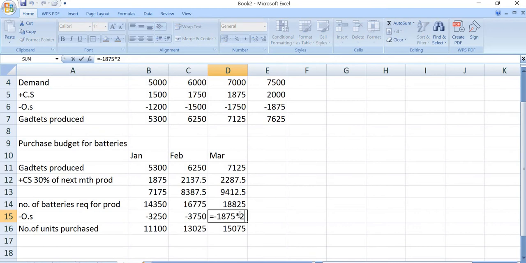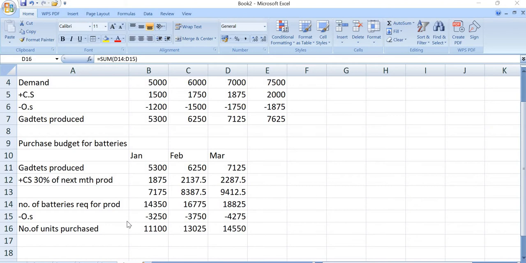Just a second. So here 2,135 into 2, so 4,225. So I will be required to purchase 14,550.